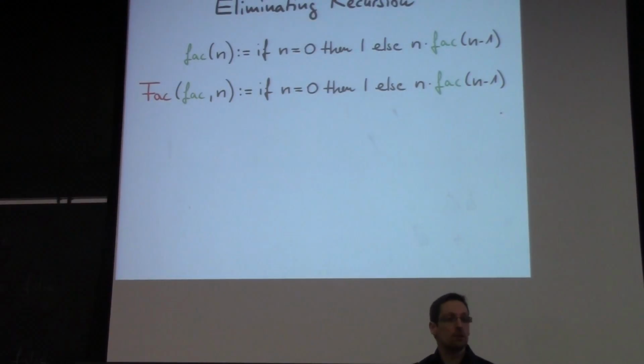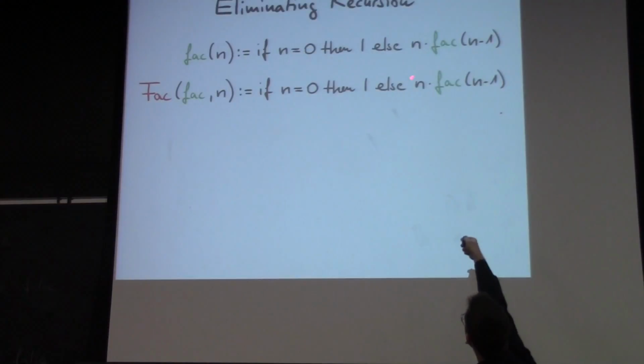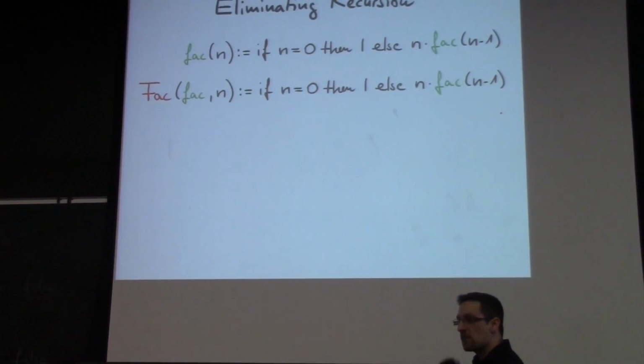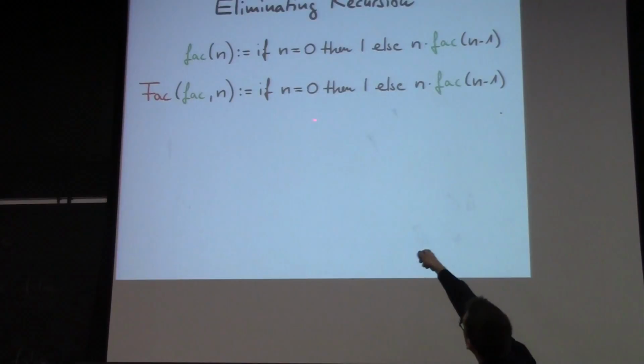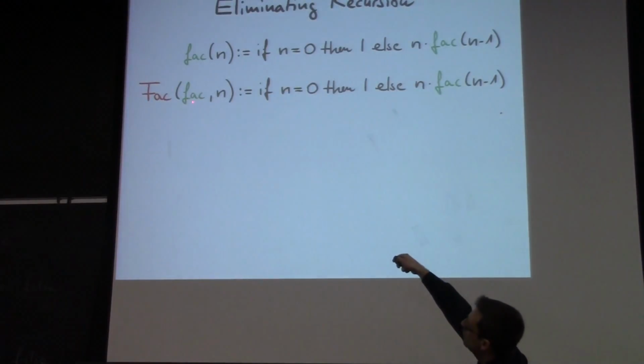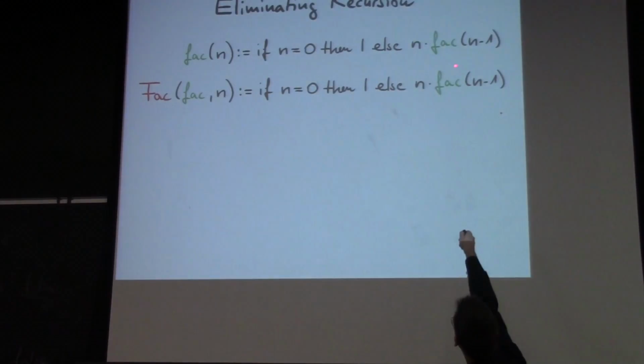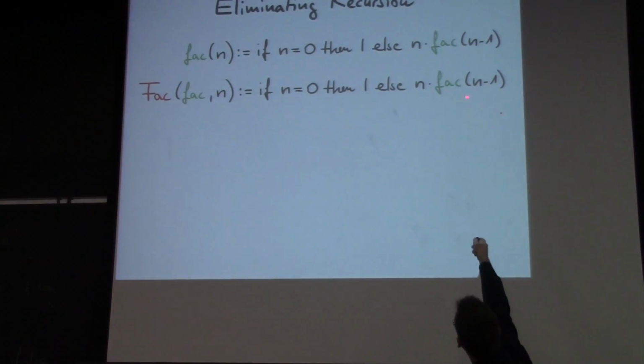So if someone told you how to do it for n minus 1, then you know how to do it for n: you just multiply the result by n. That's what this function represents. It's like someone else tells you how to do it for n minus 1. So you can compute the factorial of n minus 1, and then all you need to do is multiply it by n.